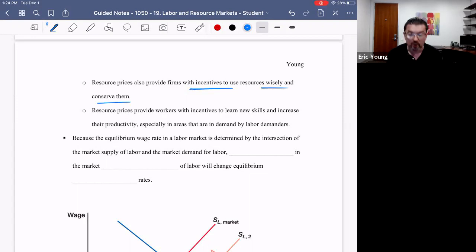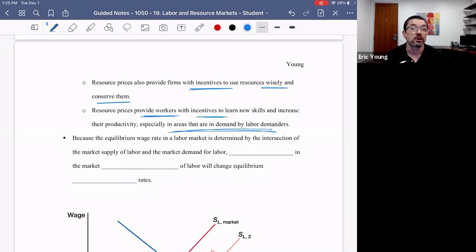And number three, and critically, for your point as a future worker, okay, we're flipping now from the point of view of the boss to the point of view as the future worker. Resource prices are going to give you as a worker incentive to learn new skills, to increase your productivity, to increase your creativity, to understand and try to find out what bosses need, what firms require, and then adapt your skill levels and adapt your learning to meet those areas that are in demand.